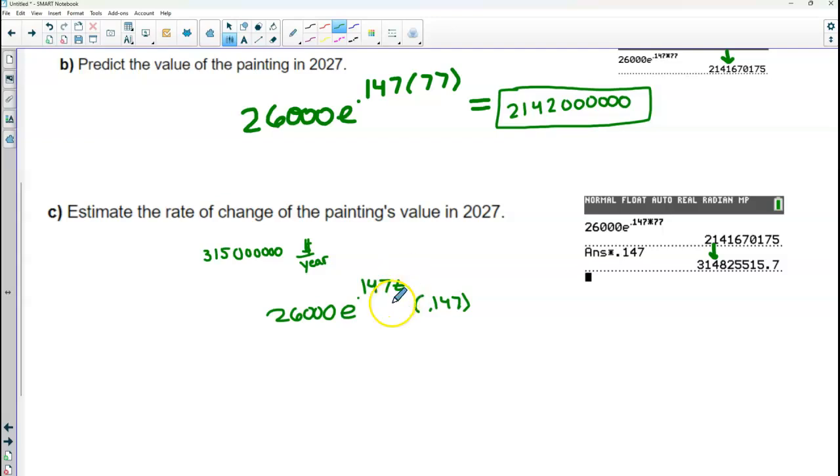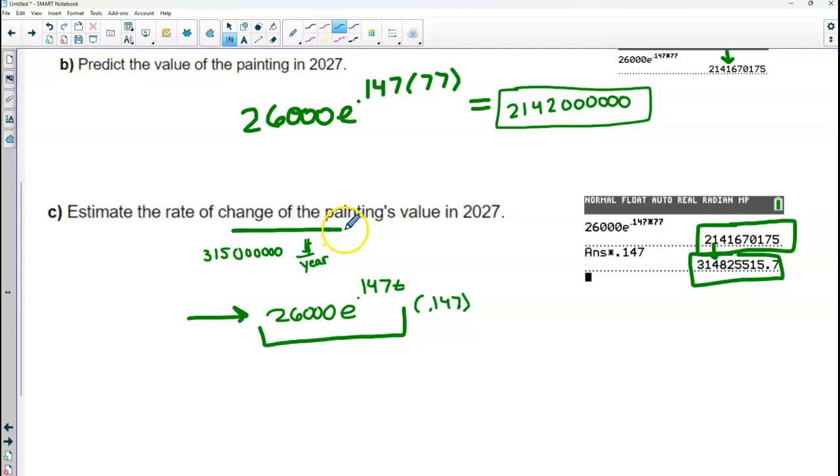When I plug in 77, if this is the derivative, we got that value, right? That was the number I had in my calculator. So it is just a matter of multiplying by the 0.147. And that's how we got this number here, which again, we just rounded to the nearest million as requested. So there's our answer for part C.